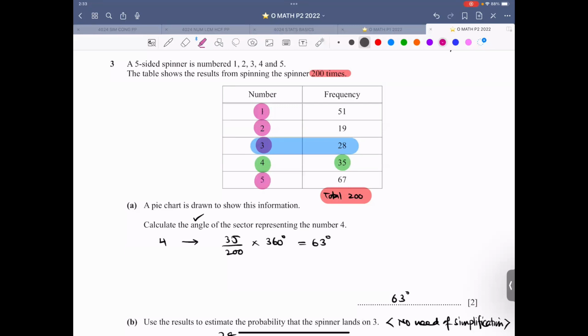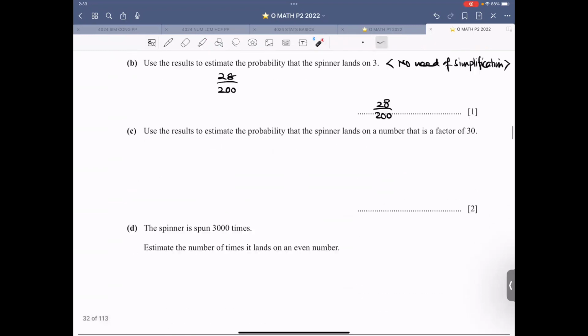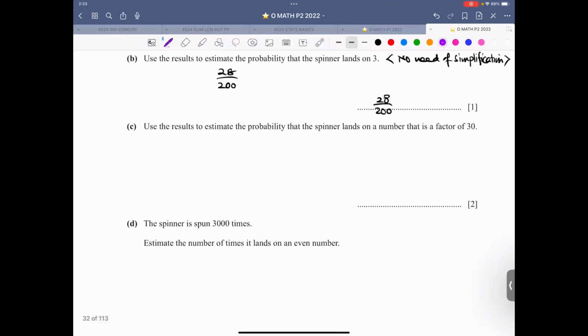So the corresponding frequencies are 51, 19, 28, and 67. Basically, it's everything but not 35. So there, the probability is 165 out of 200.